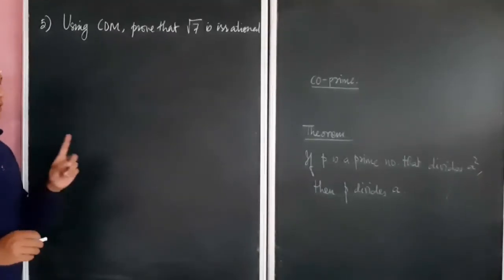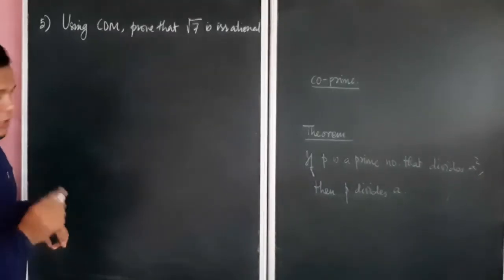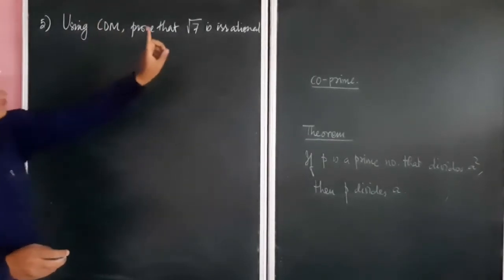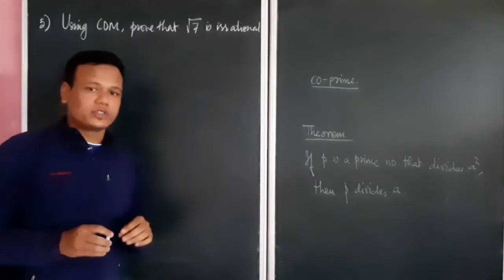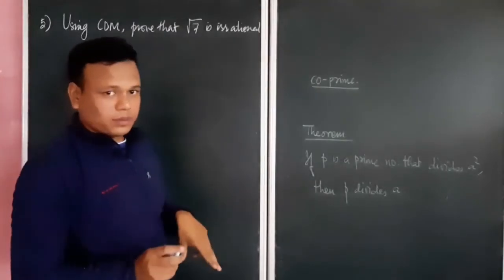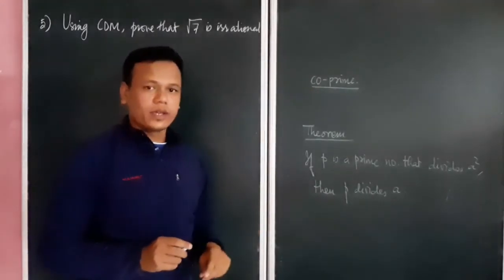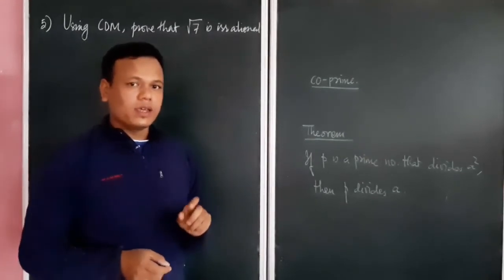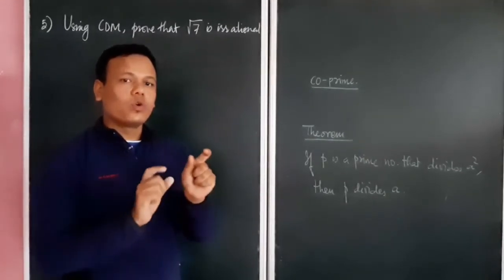Now this is a very famous problem in this particular chapter. Here you have to use the contradiction method to prove that root 7 is irrational. Before I begin this problem, you have to make use of two very important concepts. One is called co-prime. Co-prime means a pair of numbers where there is no common factor.